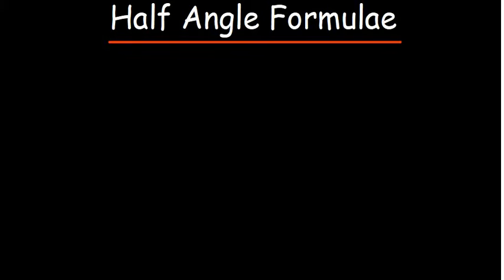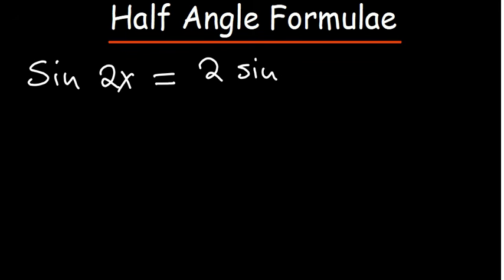From our previous video, we talked about the double angle formula. So how about the half angle formula? How can we handle it? With this understanding, we said sine of 2x is equivalent to 2 sine x cosine x.